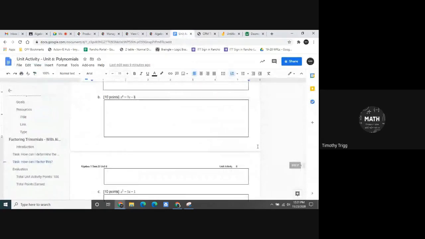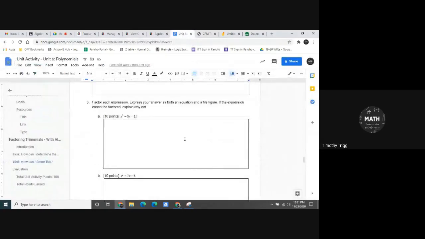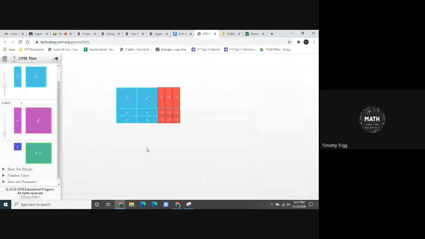All right, we've got a few more to factor. Let's take a look. So this next one has x squared minus 8x plus 15. X squared minus 8x plus 15. So we have 8 x's. We have 15 singles. We just have a single x squared.